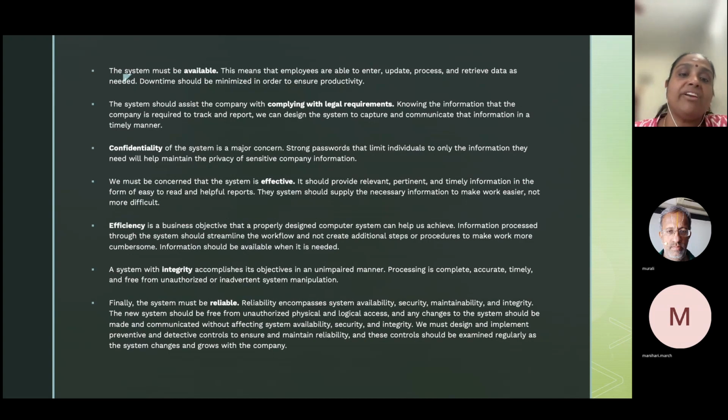So the system should be free from unauthorized physical and logical access. Any change to the system should be made and communicated without affecting system availability. We must design and implement preventive and detective controls, and these controls should be examined, system changes and grow with the company. So everything that we have learned is put into one thing, which is reliability. So basically, availability, confidentiality, legal requirements, effective, efficient, integrity and reliability.